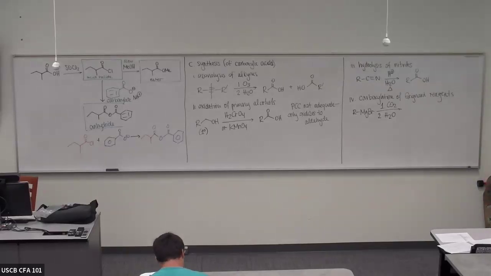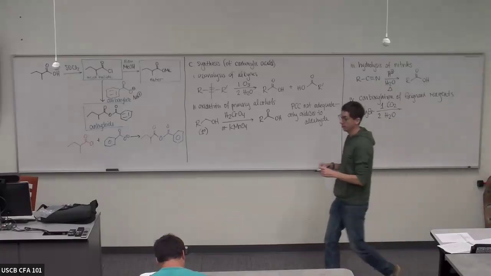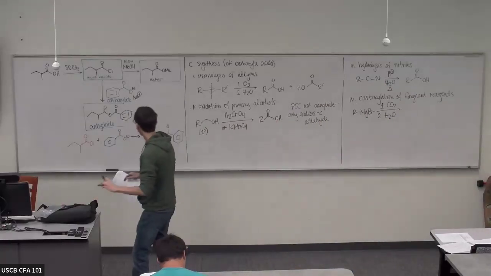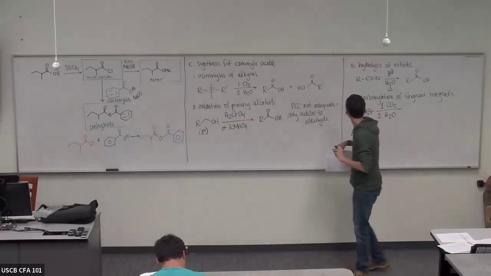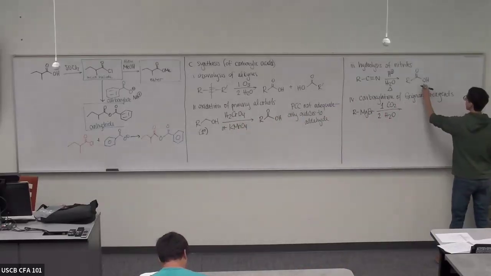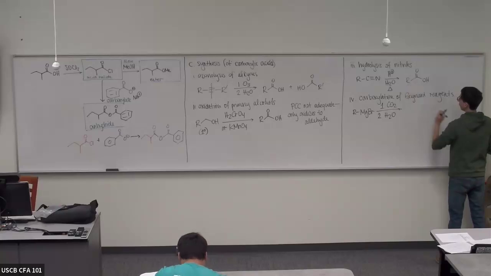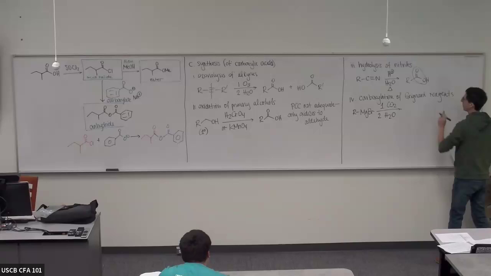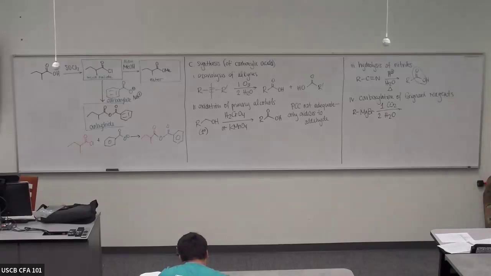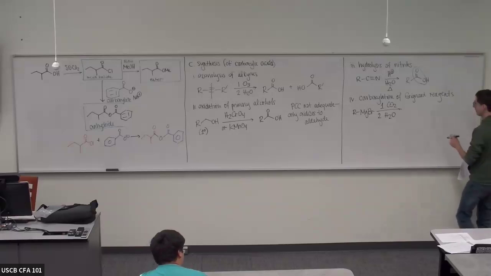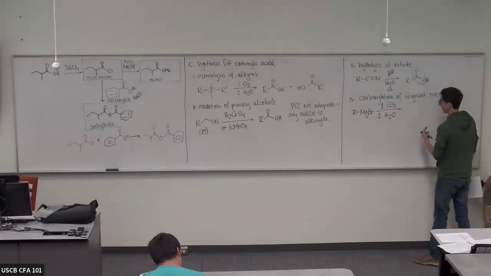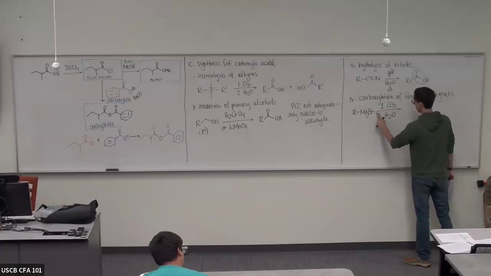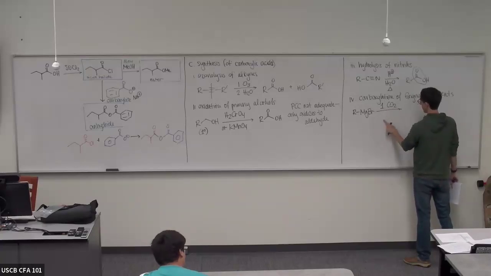What this does is it's going to form a carboxylic acid, but look at the structure of a carboxylic acid. It's got an R group, a hydrogen, and in the middle, there's your CO2 molecule. So, actually, let's show it step by step.